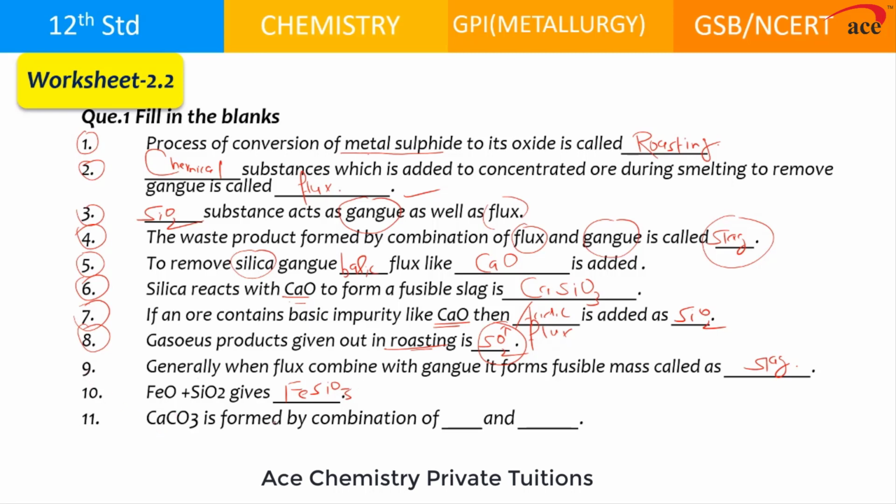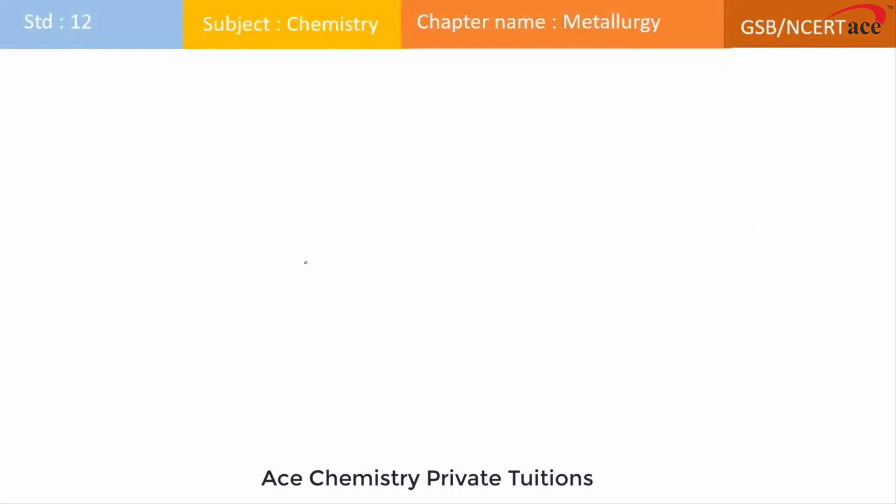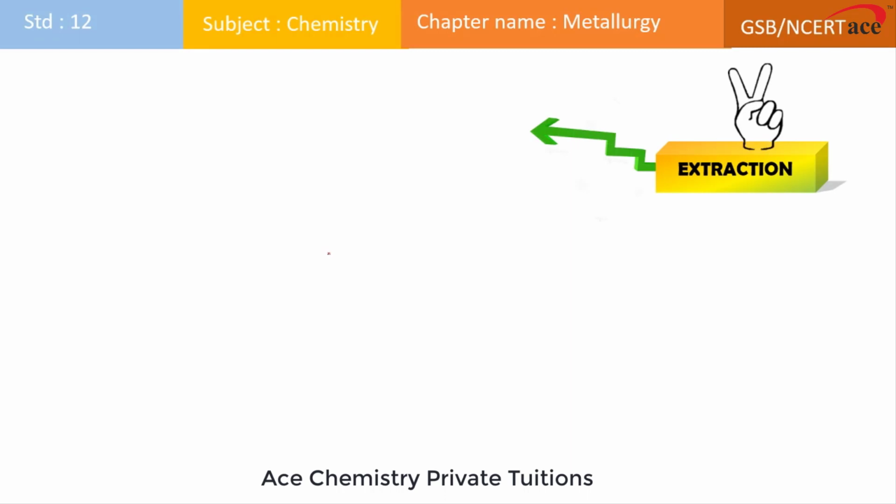Calcium carbonate is formed by the combination of calcium oxide and CO2.